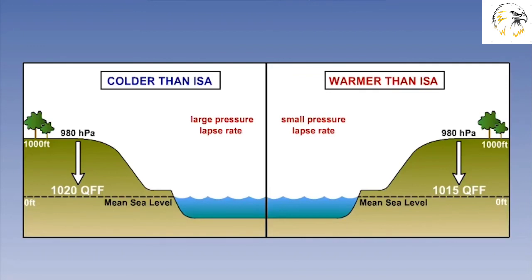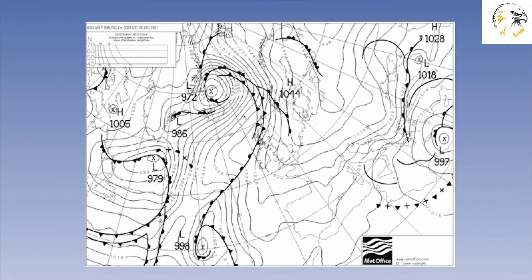These mean sea level pressures are known as QFF values. QFF is therefore the barometric pressure at a stated location, corrected to mean sea level, using the prevailing temperature. How are these values used, though?